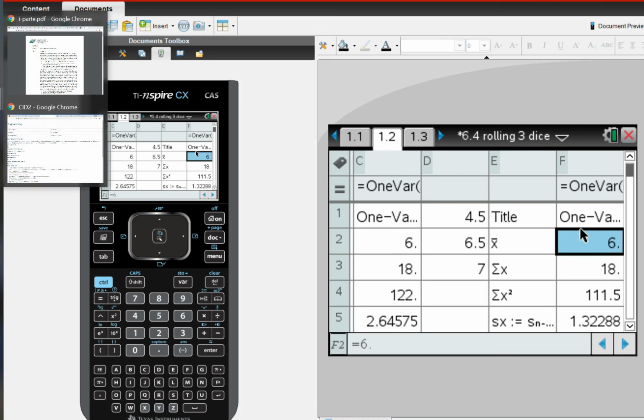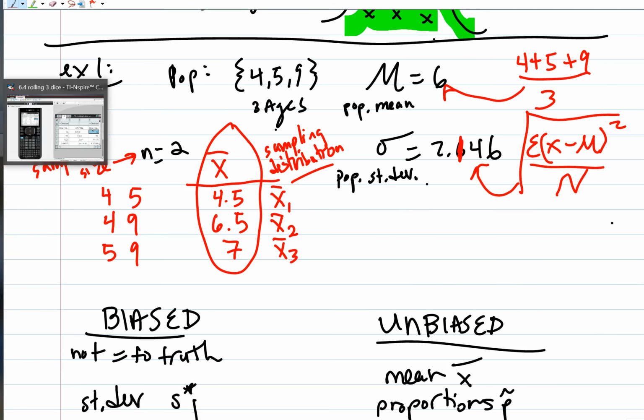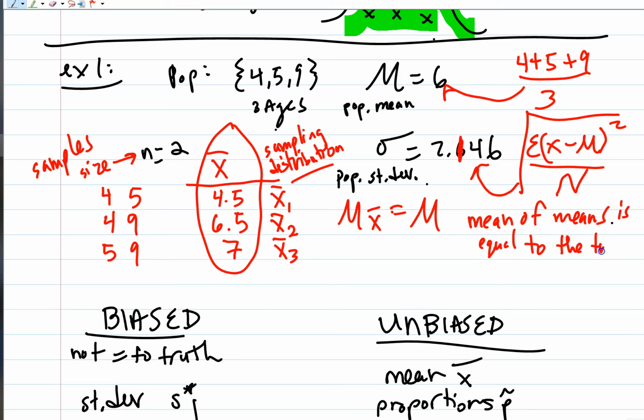So for a sampling distribution, the mean of our means, the mean of the means, is equal to the true population mean.